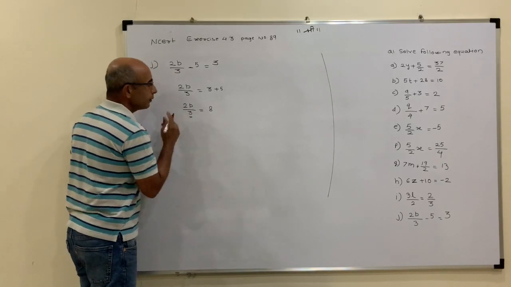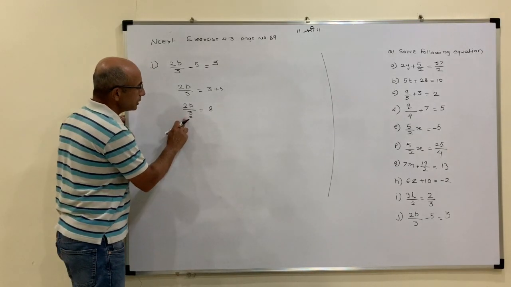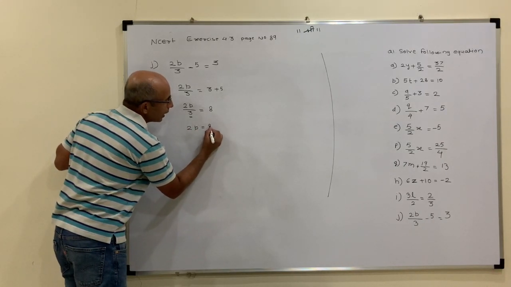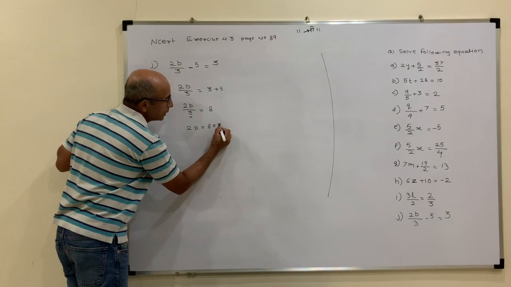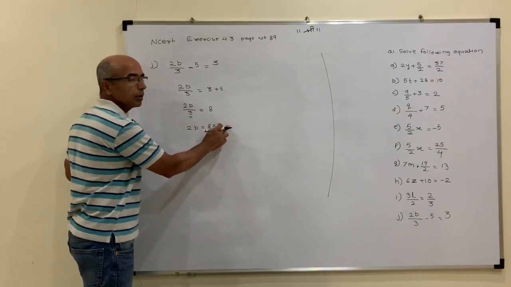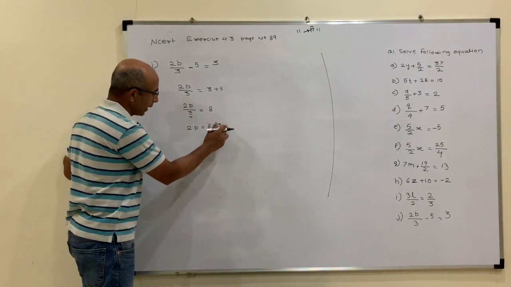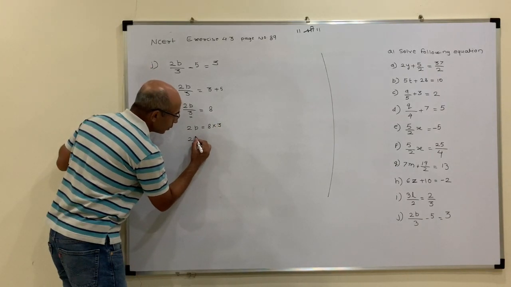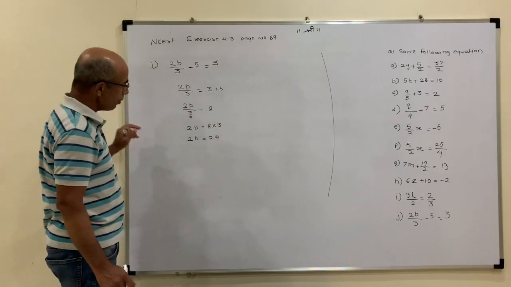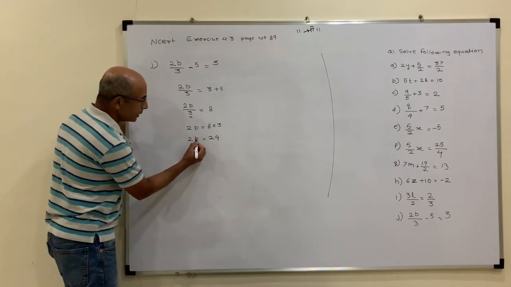Now to get rid of this 3, I'll transpose this divided by 3. So my next step is 2b equals 8 into 3. Since 3 was divided on the left hand side, when I transpose it onto the right hand side, it becomes multiplied. So my next step is 2b equals to 24. Now I am going to isolate this b.